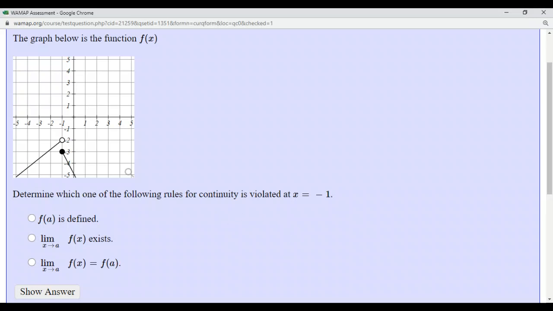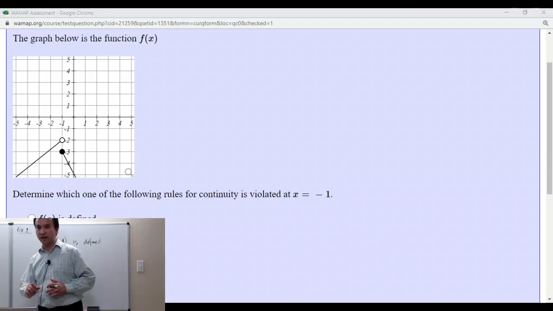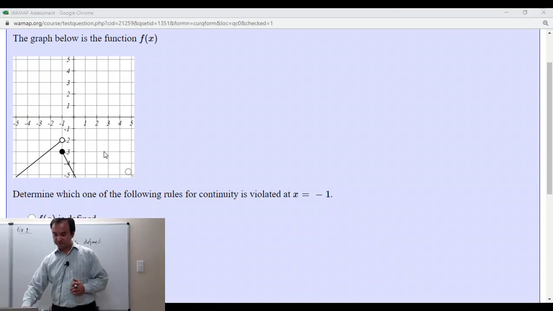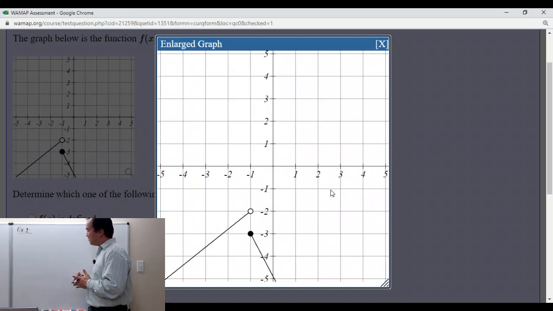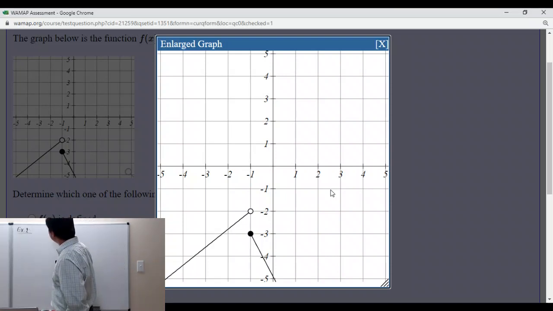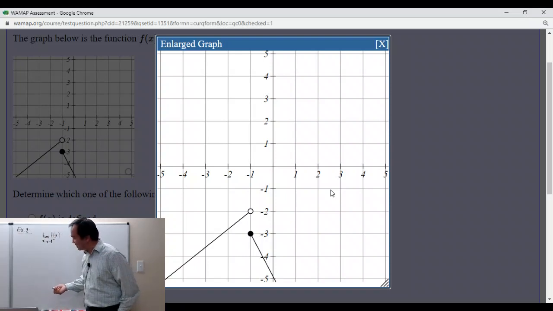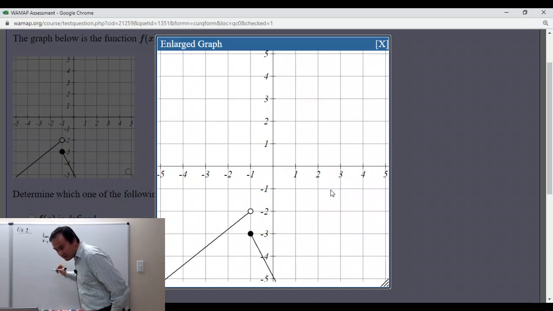Allow me again to bring up the 2 boards so that I can work out the solution a little bit. Now if we're looking at the graph again, if we're attempting to take the limit of this function as x gets close to the limit point -1 from the left hand side, then with your experience with limits, anyone reading the graph should be able to estimate that the limit from the left hand side of -1 is -2.